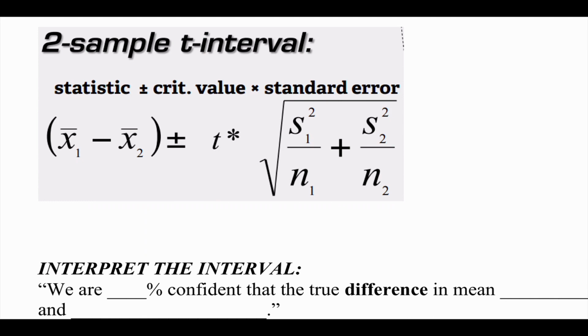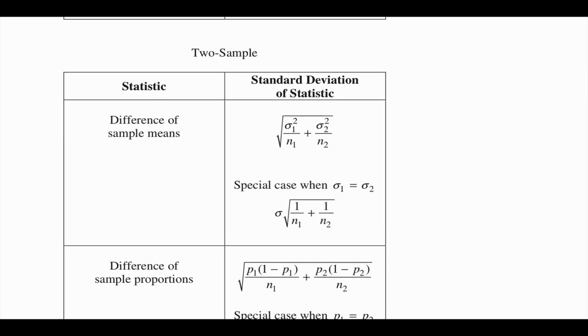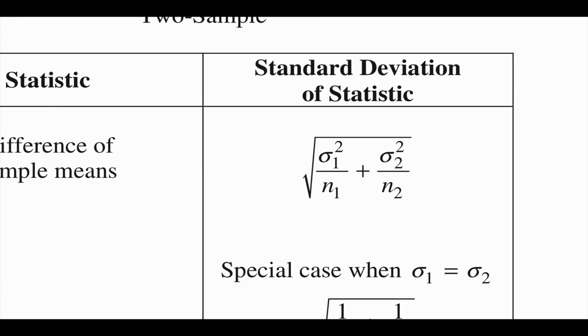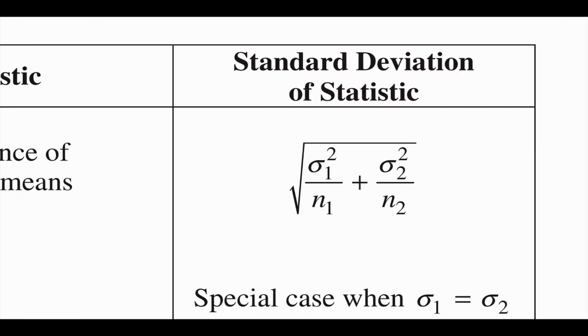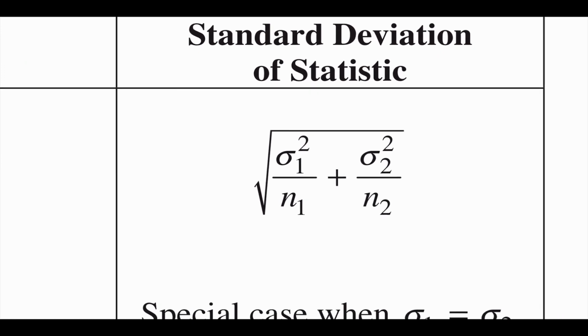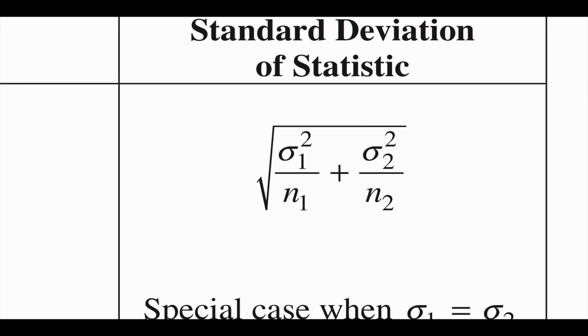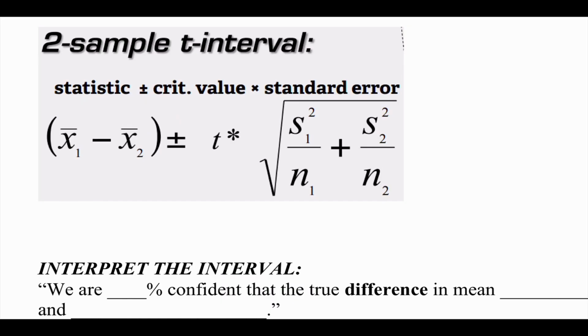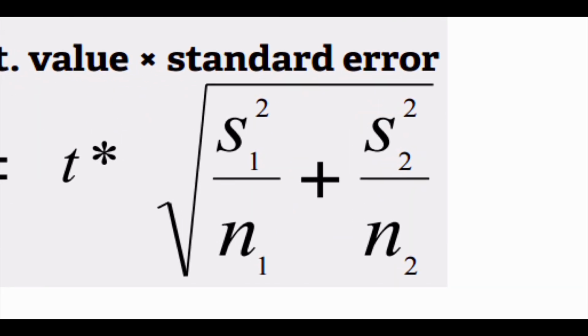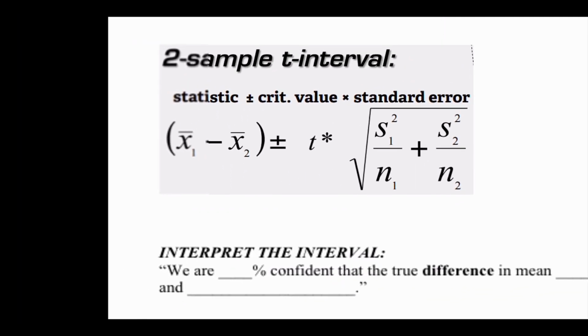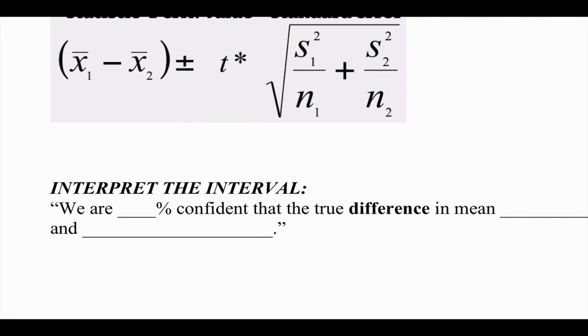That guy is right here on your formula sheet. They put it for Z, but you can just change those to S, right? Each one of them squared over how many in the sample, add them together, take the square root. Okay, very similar to that. Okay.